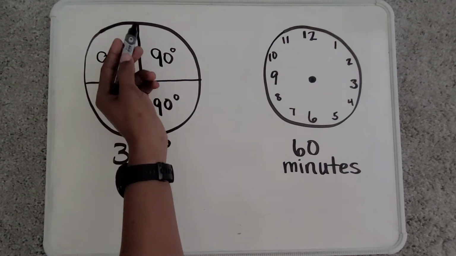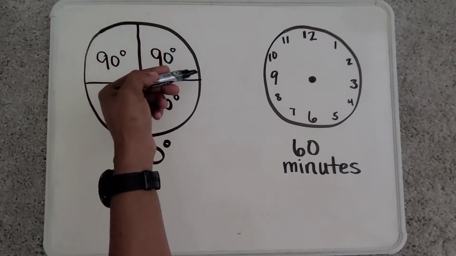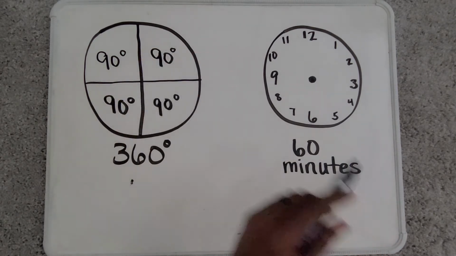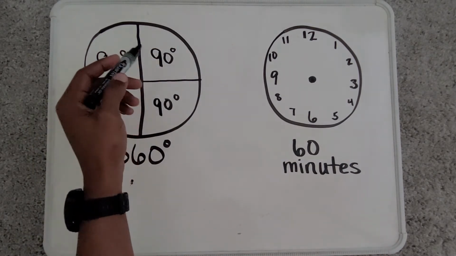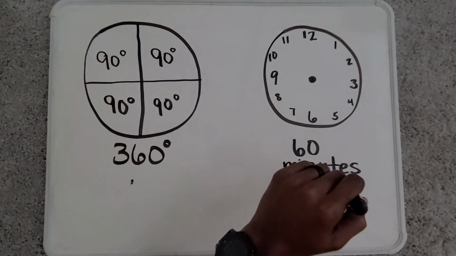So if I travel a fourth of the way around the circle, it would give me 90 degrees. If I travel another fourth, which is 2/4, that would give me 180 degrees.